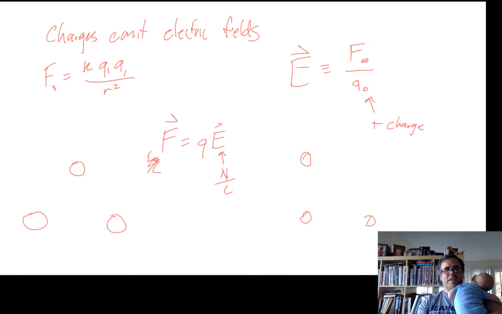Because if we're talking three points, and this is the point that we're focusing on, which I'll draw, this has a force between this one, and it has a force between that one, and then we have to do some trig to find net force.